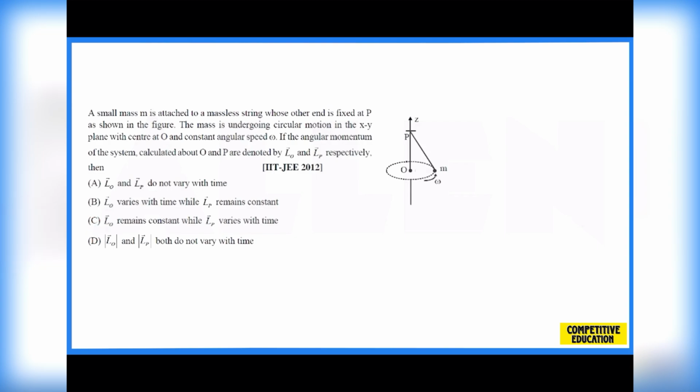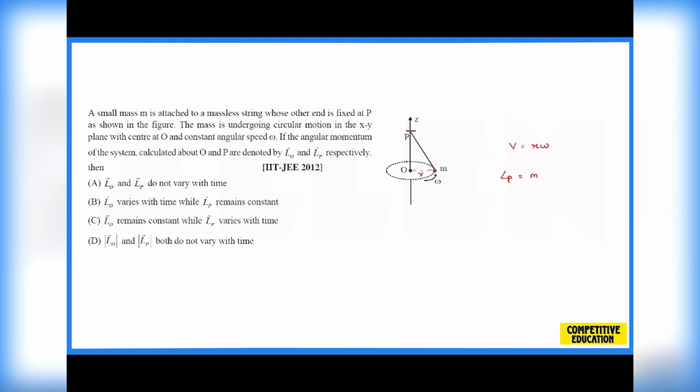If this particle is doing a circular motion, I can write the velocity of this particle. Let us say this is radius r. The velocity will be r omega, and the direction at this point will be inside the plane of paper. To calculate the angular momentum about point P, the magnitude of angular momentum about P will be equal to m.